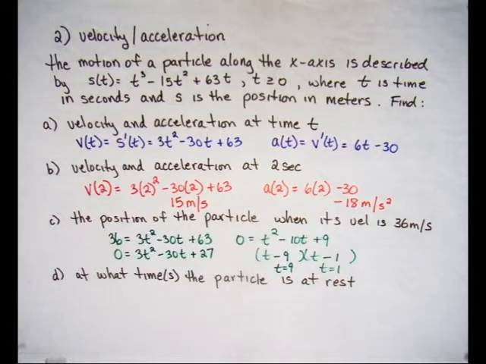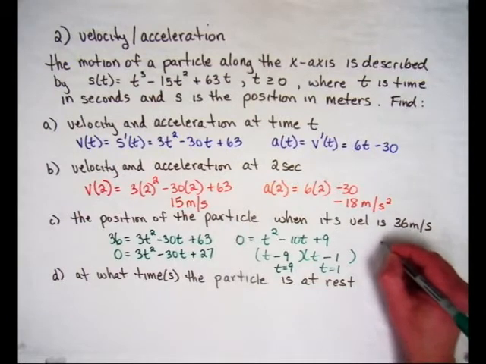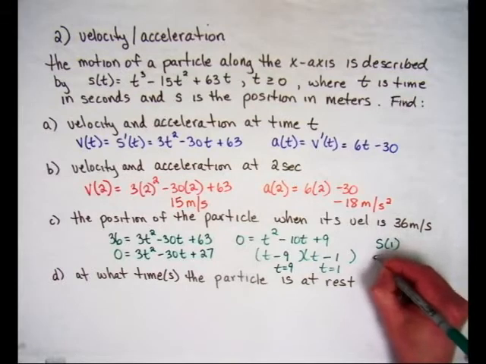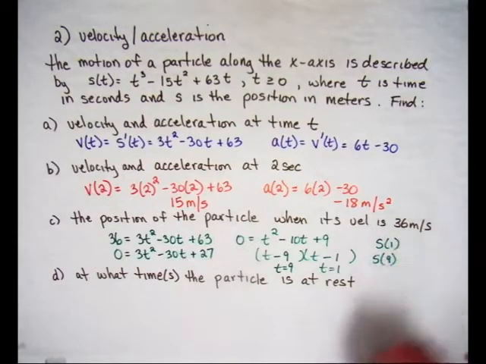Now the question wants us to find the position. This just gives us at what times the velocity was 36 meters per second. So now we have to find s at 1 and s at 9.